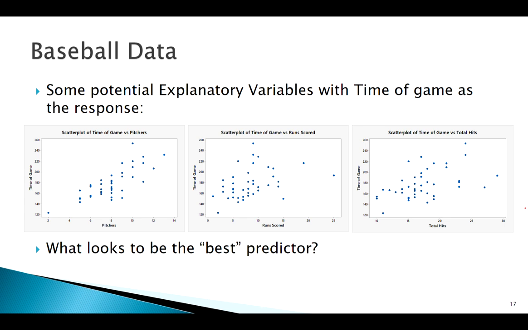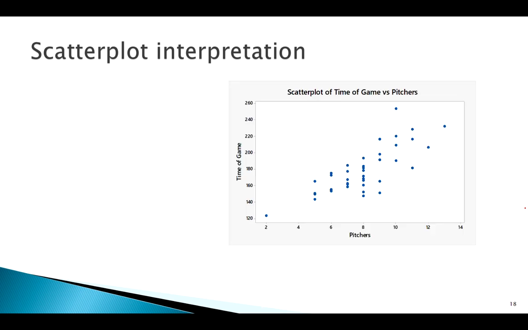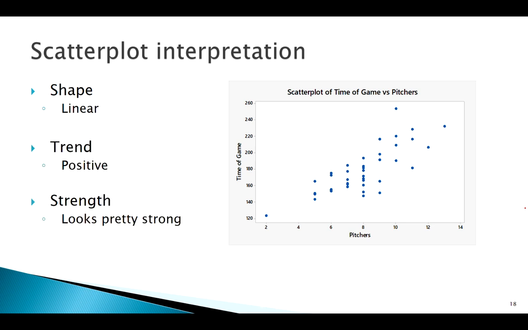That would probably be pictures. These all have positive linear trends, but pictures seems to be the strongest. So simply interpreting the scatter plot of pictures, the shape is linear, the trend positive, the strength pretty strong.